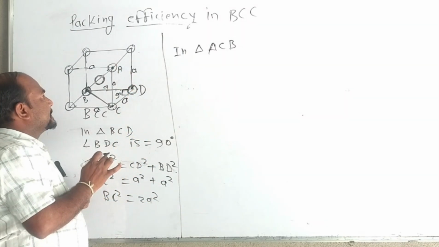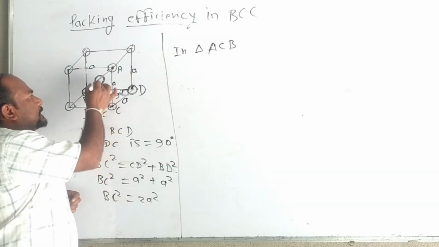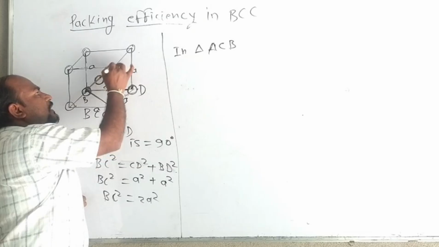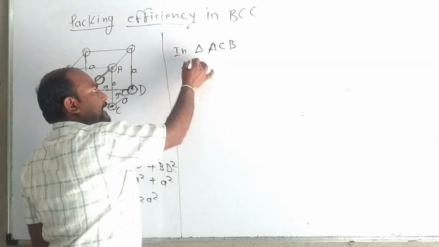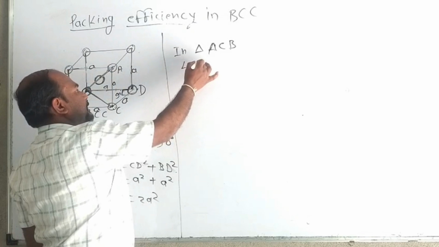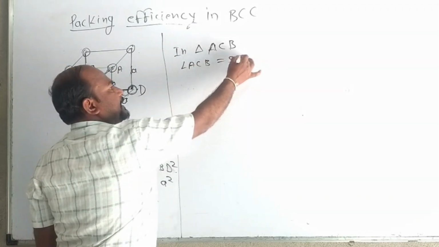Okay. Now this is a diagonal. Angle ACB is a 90-degree angle.